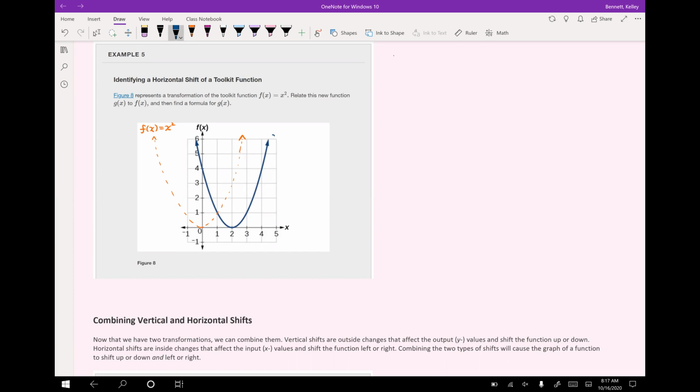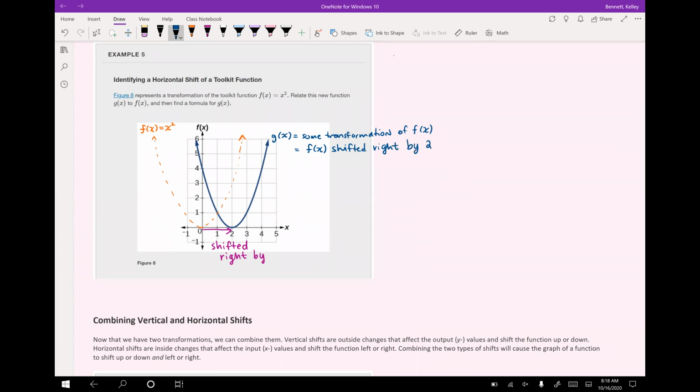So g of x equals some transformation of f of x. And okay, so we know it's transformed. How is it transformed? Well, it appears that it's shifted to the right by 2. Right? So g of x equals f of x shifted right by 2.